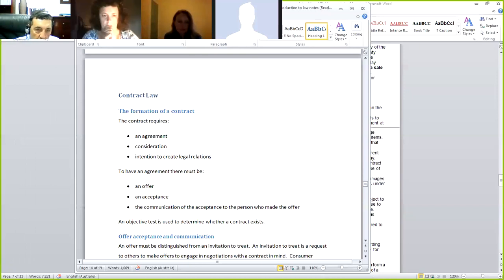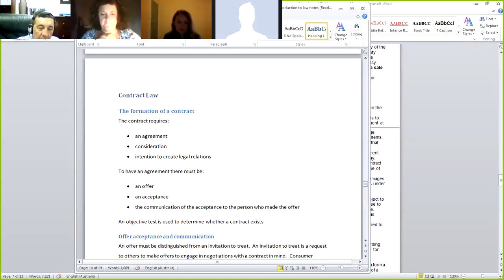The formation of a contract. A contract requires an agreement, consideration, and intention to enter legal relations. And to have an agreement, we need an offer, an acceptance, and a communication of the acceptance to the person who made the offer.